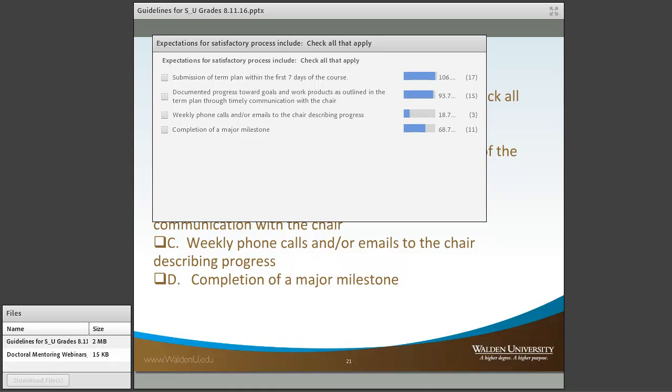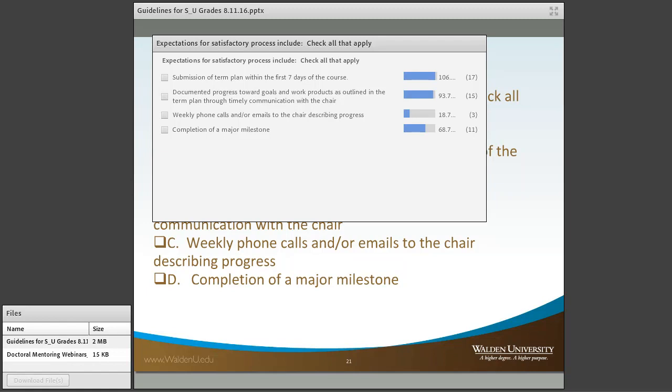Expectations for satisfactory progress include, and it looks like a lot of people said submission of a term plan within the first 7 days. Also, many people said documented progress towards goals and work products as outlined in the term plan through timely communication with their chair, weekly phone calls and or emails to the chair describing progress, completion of a major milestone.